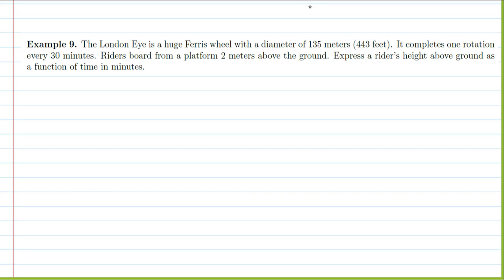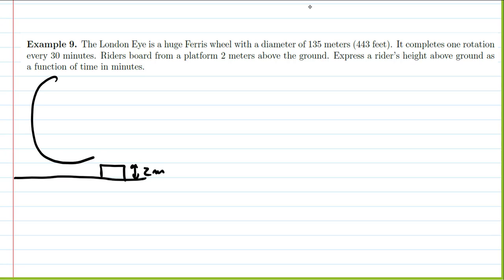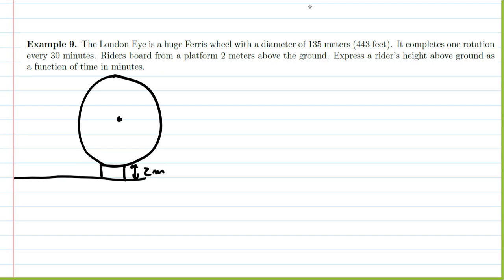what's going on here. So here's our ground. They have a platform. We know that the distance to the platform from the ground is 2 meters. They get on the Ferris wheel, so something like this.